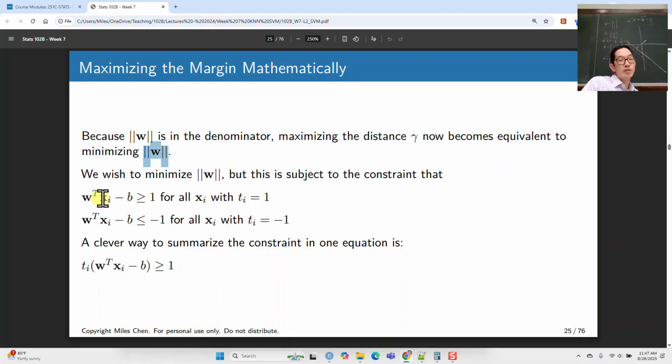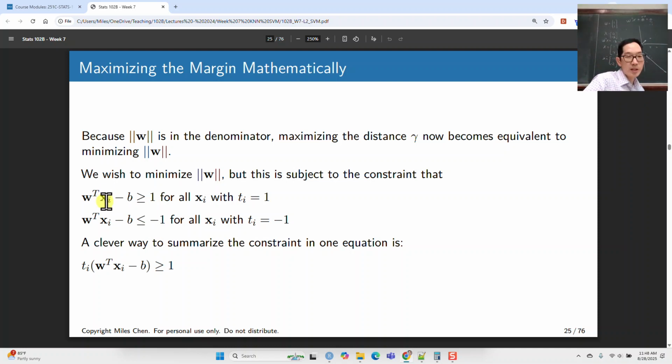That is, for all of the X values on the negative side, W transpose X minus b is going to be less than or equal to -1. Basically all of the points over here will get classified correctly, and all of the points over here will get classified correctly.